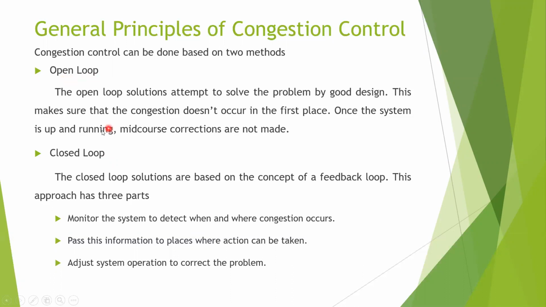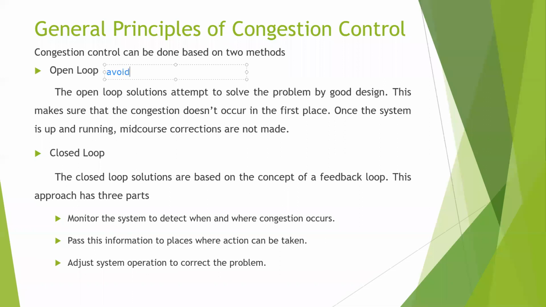Now with open loop solutions, we attempt to avoid or control congestion. In open loop, well in advance, the design is done so that congestion is avoided. We are avoiding the congestion before it occurs.